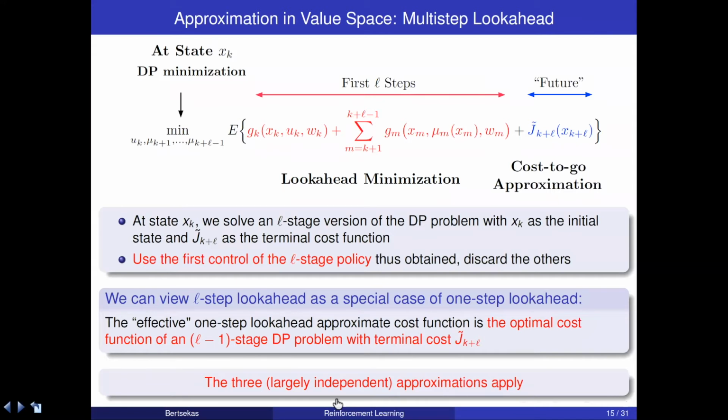But Professor, can I ask a question? Okay. Yeah. Why do you use policies for the k plus 1 instead of values of, I don't know, uk plus 1, uk plus L minus 1? If we had a deterministic problem with no expectation and no W's, we could use sequences.